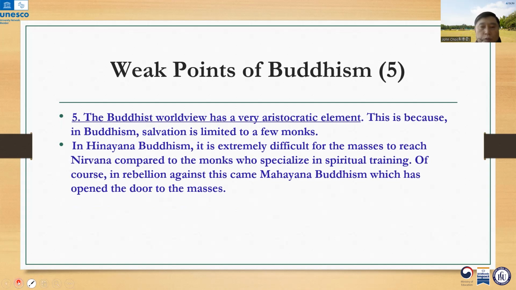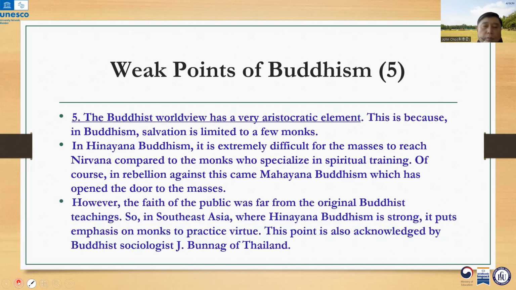Of course, in rebellion against this came Mahayana Buddhism, which has opened the door to the masses. However, the faith of the public was far from the original Buddhist teachings.